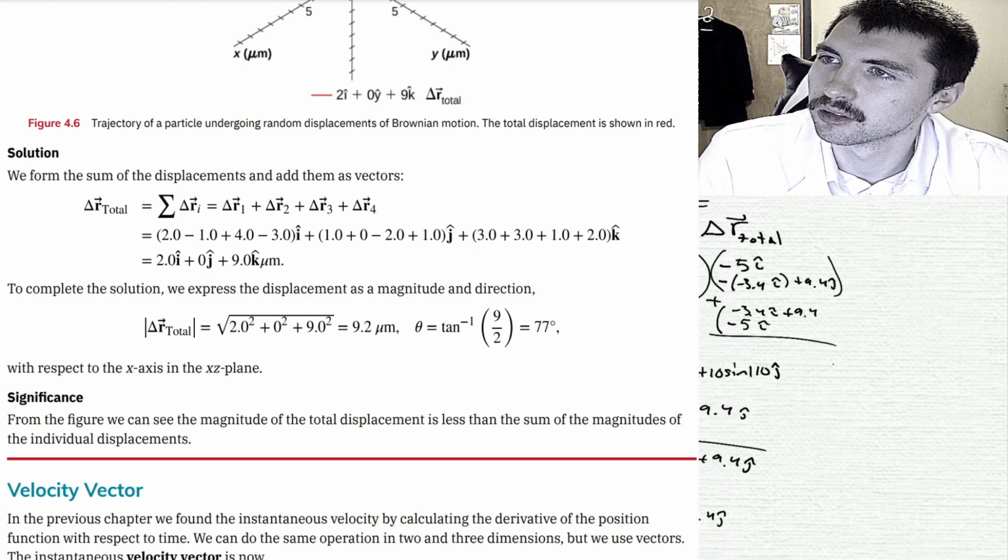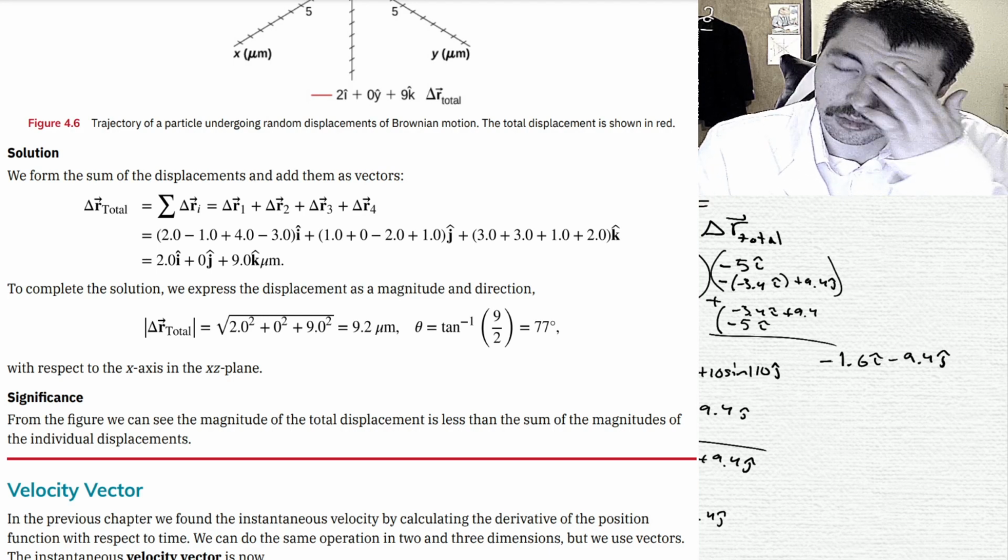So negative 5 plus 3. Negative 5 plus 3 is 2, 1.6. And that would be minus j.